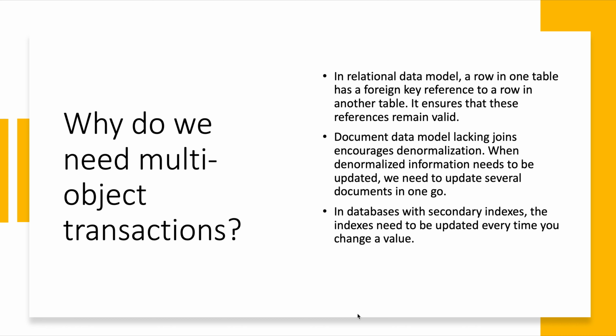So such applications can be implemented without transactions, but the error handling becomes much more complicated without atomicity and with a lack of isolation. And this lack of isolation and atomicity can cause concurrency problems.